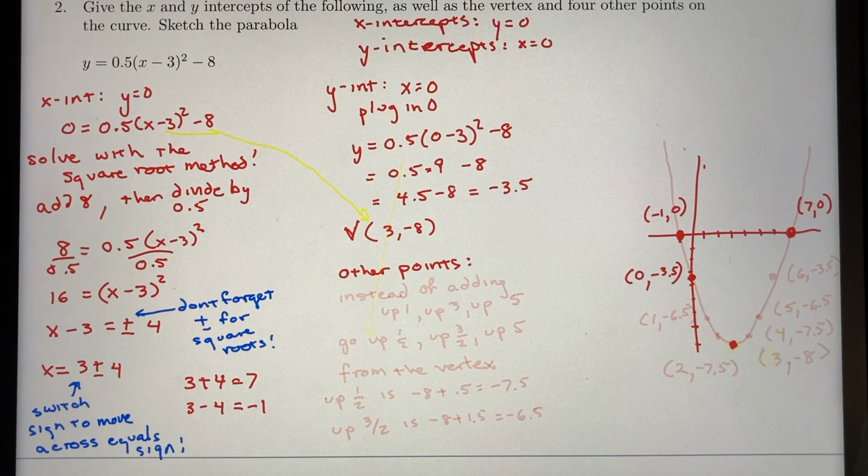Instead of adding 1, 3, and 5, we add half of that. And you won't need to go up 5 halves, but that'll give you even 2 more points.